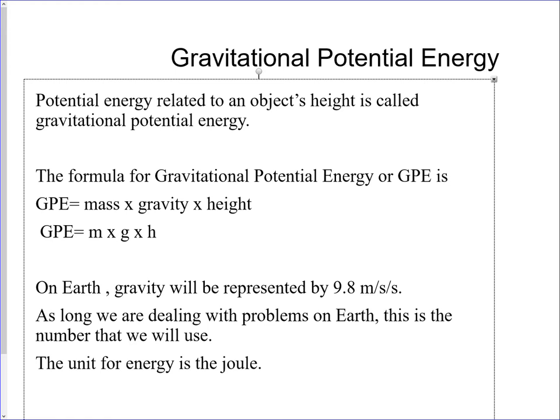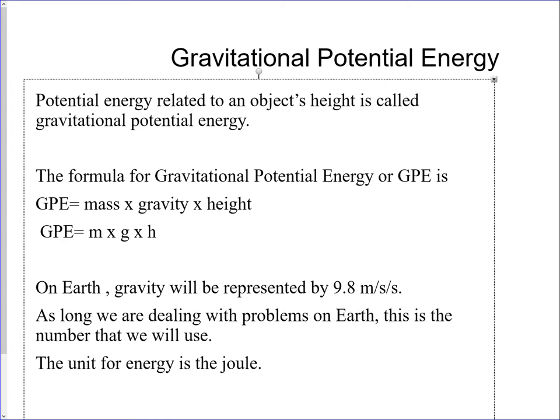So gravity is always going to be represented on Earth by 9.8 meters per second per second. That goes towards the acceleration on Earth, and it tells you how fast something travels. It will increase its speed at a rate of 9.8 meters per second per second. So every second it will increase its speed by 9.8 meters per second.